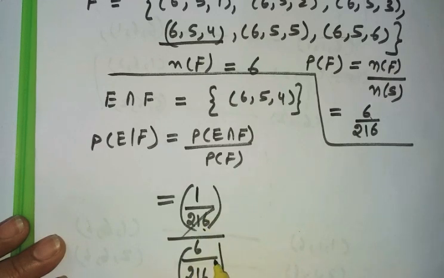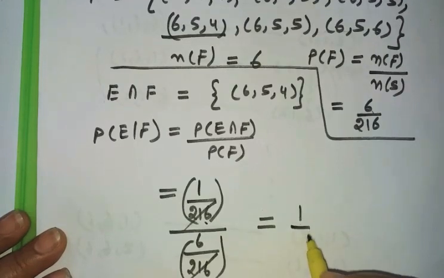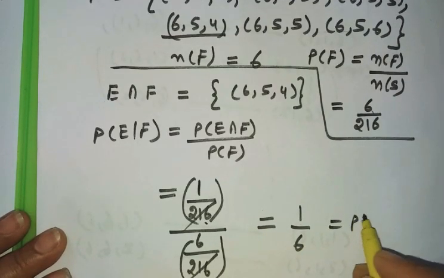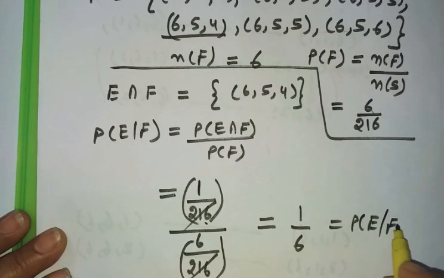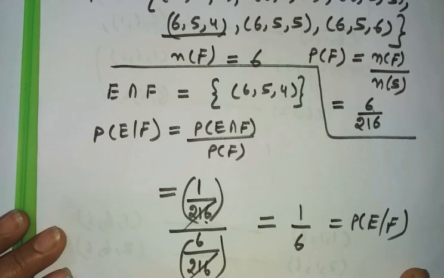So this 216 gets cancelled and the required probability P(E|F) comes out to be 1 by 6. Here you can note down that probability of happening of the event E with the condition that F has already occurred is 1 by 6.